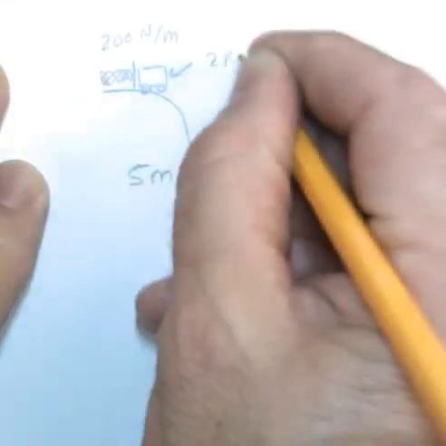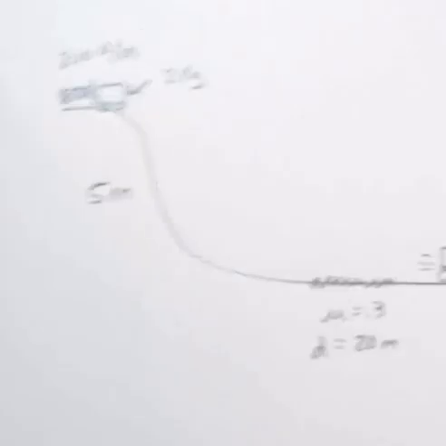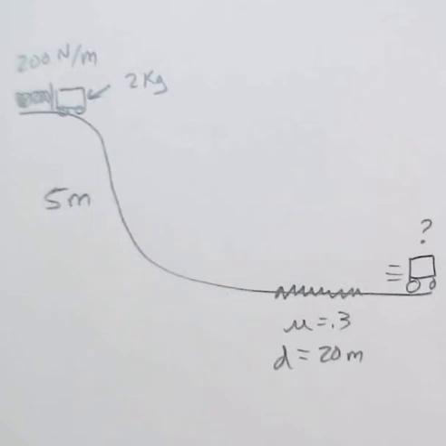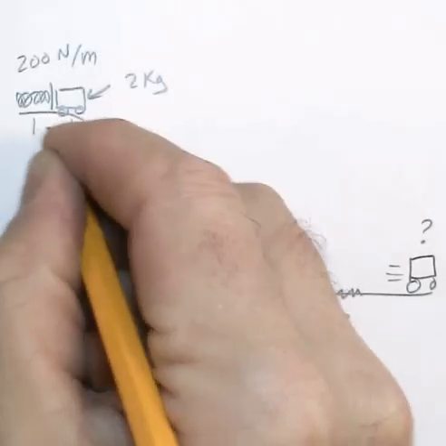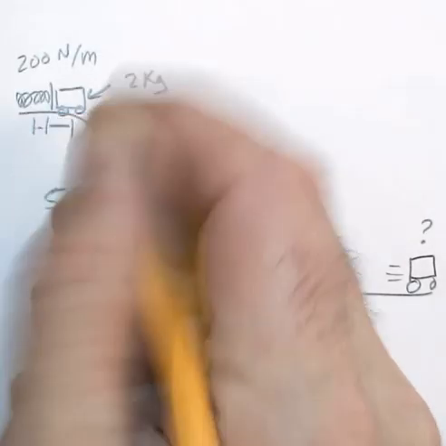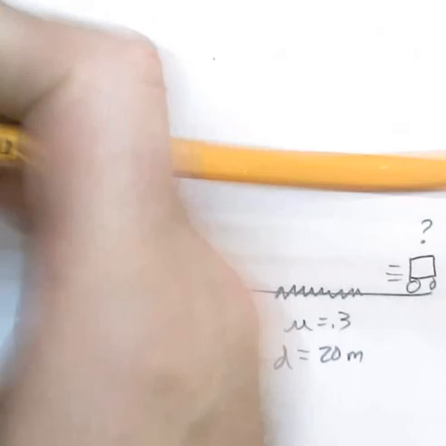Take a look at this picture. See if you can understand my hieroglyphics. What's at the top of the hill? A spring with a cart. It's 200 newtons per meter, and I forgot to put the compression on, it's been compressed 1 meter.